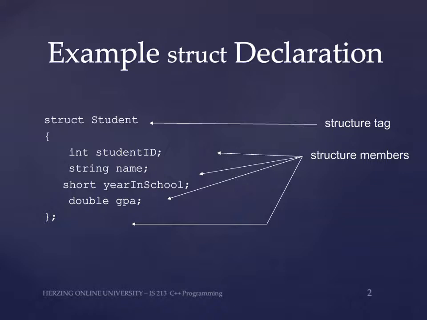So you have string name and address. Instead of having string name semicolon, then string address semicolon, you can define them both in one list separated by commas, like string name, comma, address.